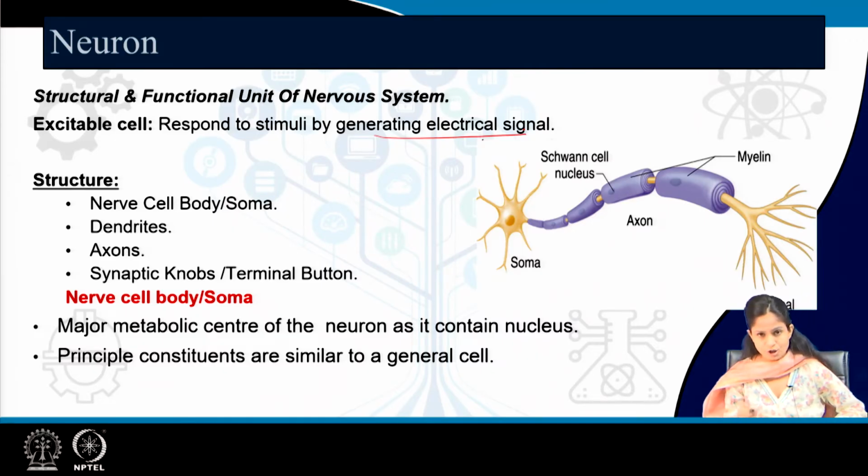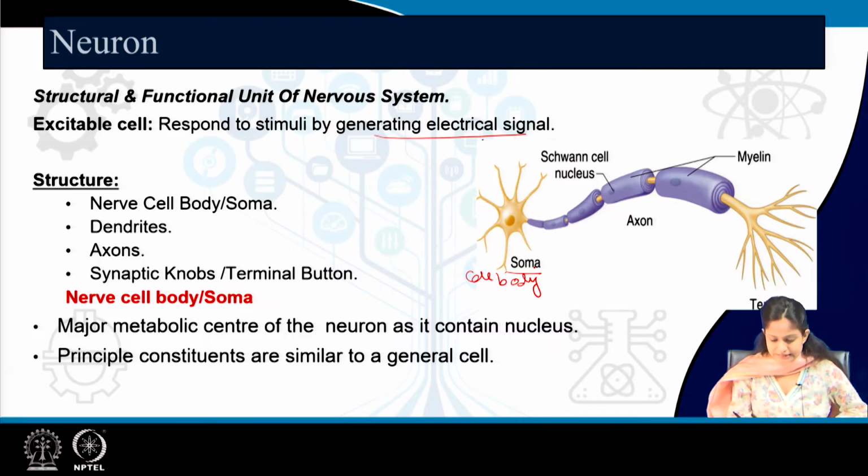The main structure of a neuron, if you see, is that it possesses a cell body, that is the soma. Then the soma contains various dendrites. These are the dendrites. Then it consists of the axon.